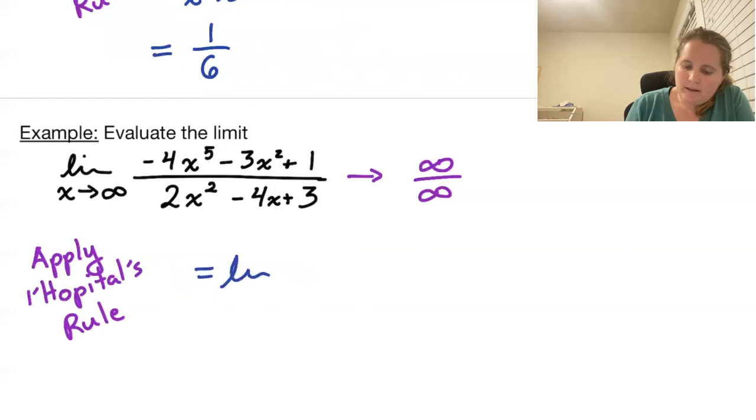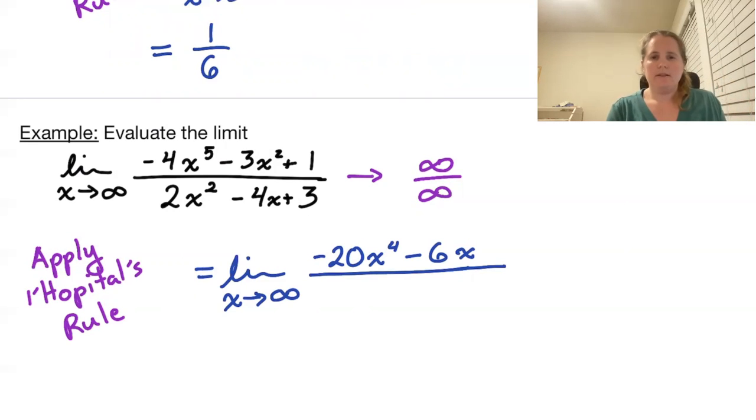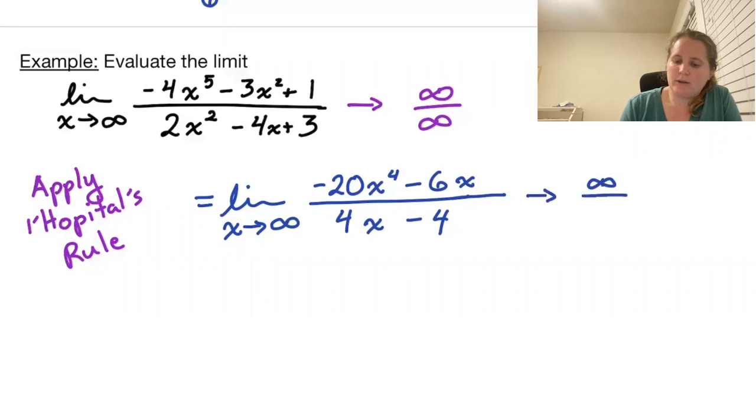we wind up looking at the limit as x goes to infinity of negative 20x to the fourth minus 6x all over 4x minus 4. I apologize. Let me pause and re-update my screen. Once again, this is still an infinity over infinity situation.